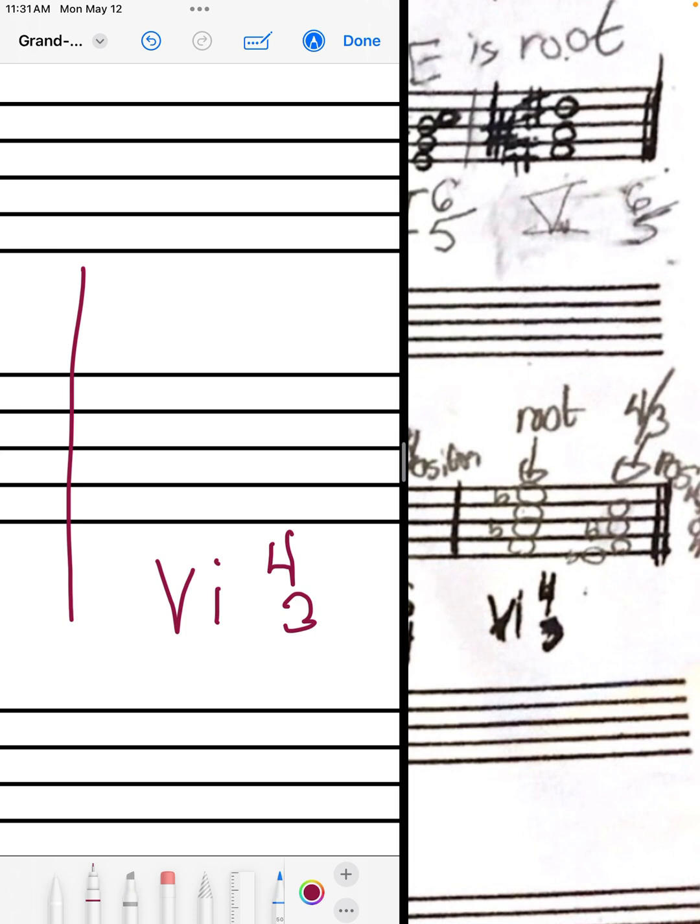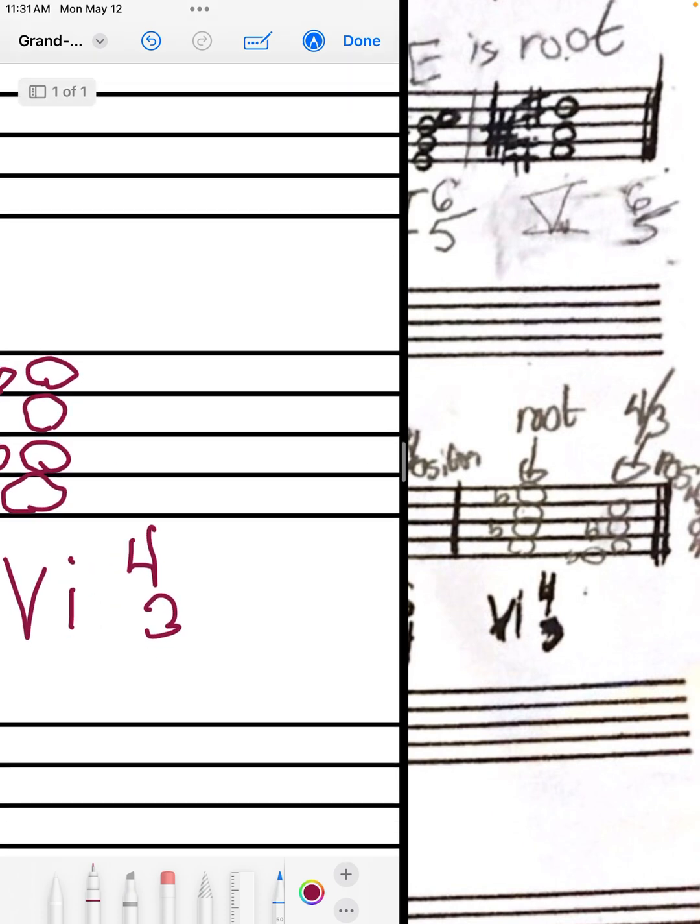So you go one up, that's going to be an F. And 6 in a major key is minor. So let's not forget that part. So E flat, A flat. And this tells me you got to find a way to drag the 7th into this.